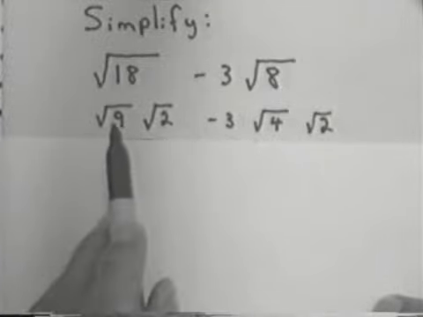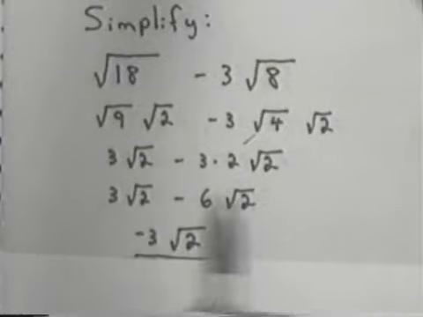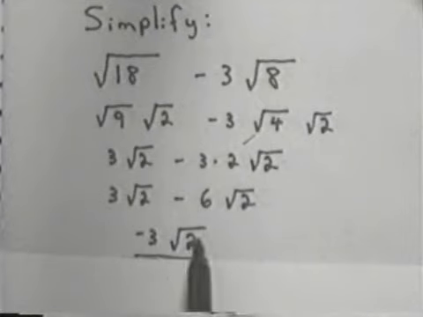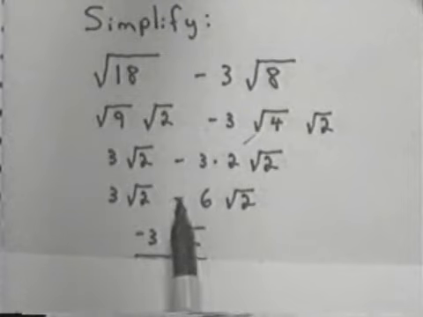Now the radicals are alike. They have the same index of 2, they have the same radicand of 2. So I simply keep the radical part, the square root of 2, and subtract the numerical coefficients. 3 subtract 6 is negative 3.